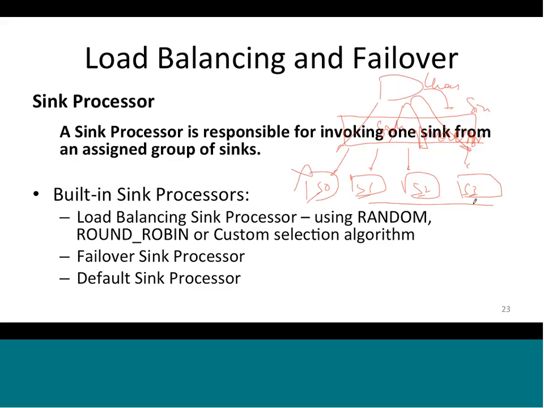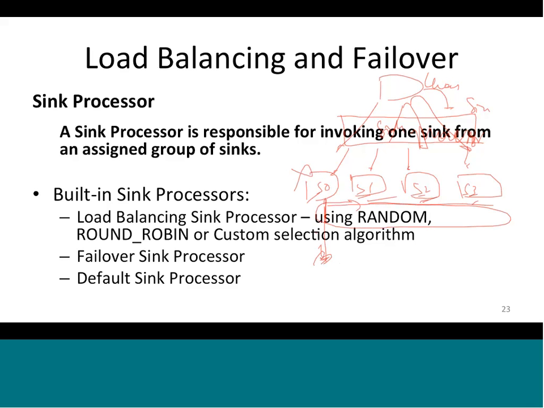I can do random, which is picking one of these for every event coming through, or I can do round robin, which is circling through the sinks in this fashion, or I can have a failover sink, which means I will always send to this sink, but if it goes down, I'll start sending to the next. If that goes down, I'll start sending to the next, and so on.